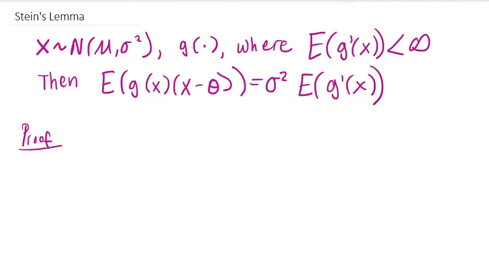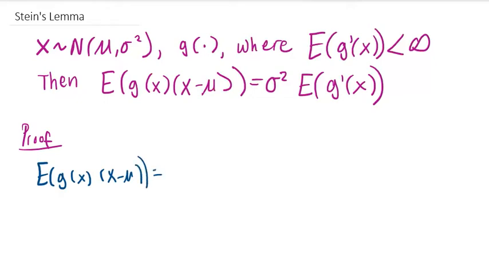let's switch colors for the proof. We have expected value g of x, x minus mu. So I used a theta up here. I should have used a mu, so I don't change that on you.